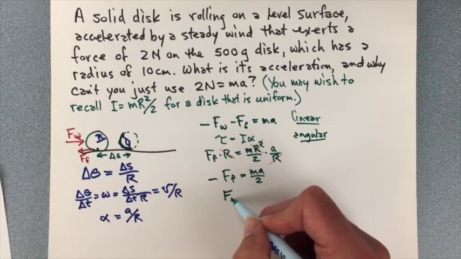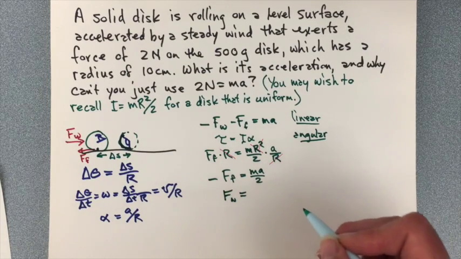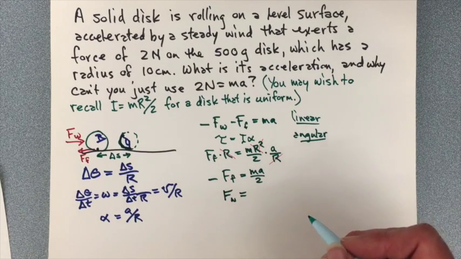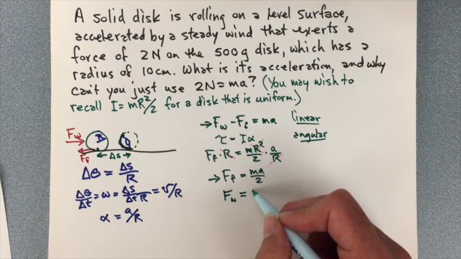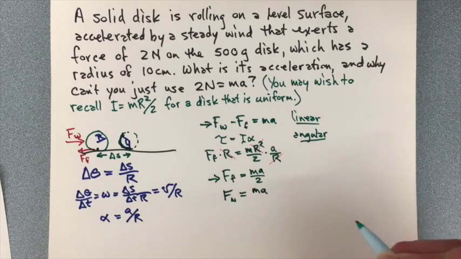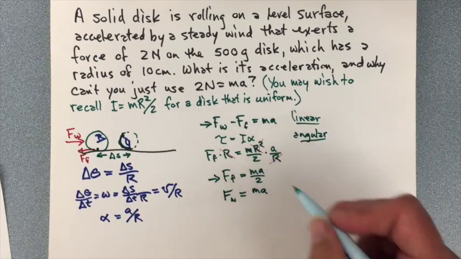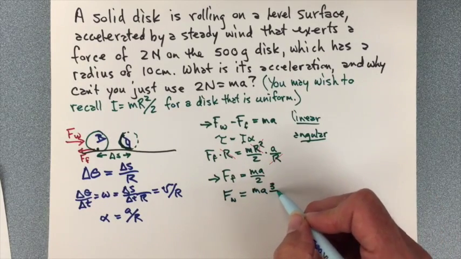So I find that the force of the wind is equal to ma times 1.5, or 3/2.